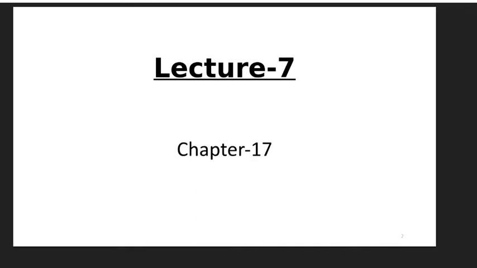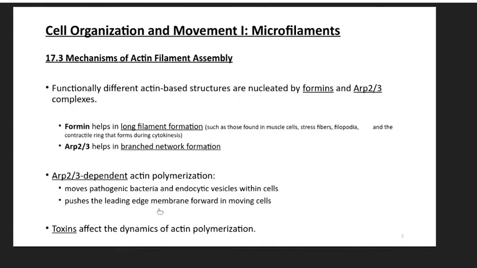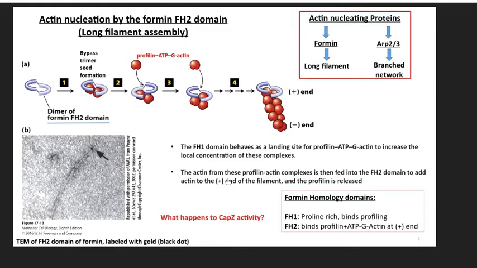We'll start from lecture 7, because until lecture 6 we covered earlier. This is just the title. So about filament assembly, that's the actin filament assembly. We discussed the FH2 domain and profilin-ATP-G-actin binding to the FH2 domain. It's a dimer. Formin is the one.